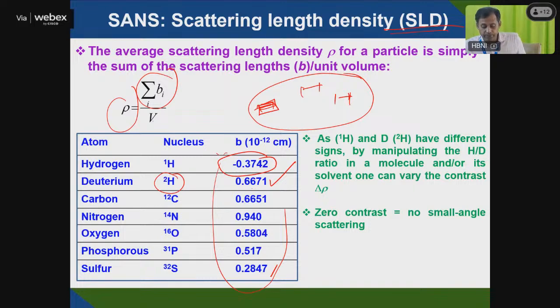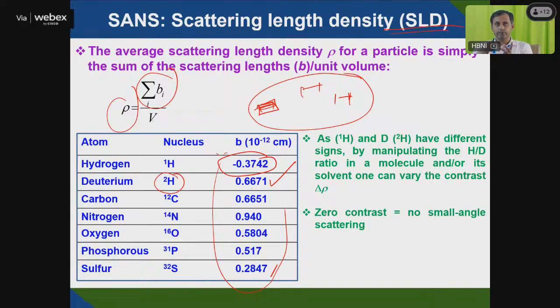As they have different signs, by manipulating the H to D ratio in a molecule or its solvent, one can vary the contrast. For example, if you put an iron rod in water or oil, you will see, by the refraction principle, that it looks slightly tilted, depending upon the concentration.